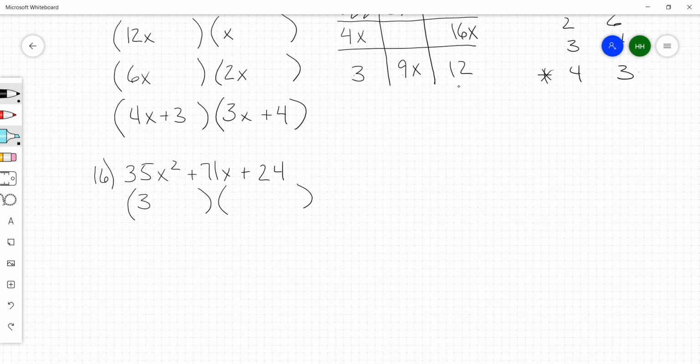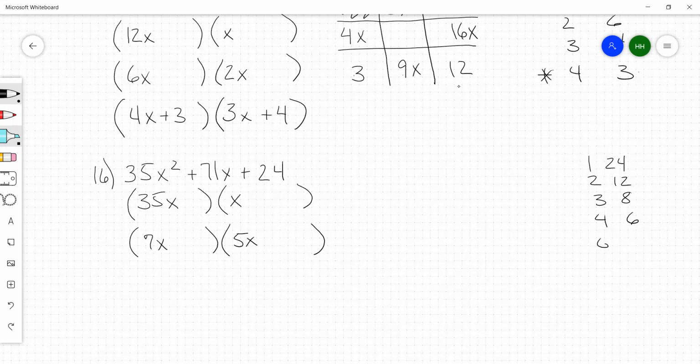I can do 35 and x, and I can do 7x and 5x. My factors of 24: 1 and 24, 2 and 12, 3 and 8, 4 and 6, 6 and 4.